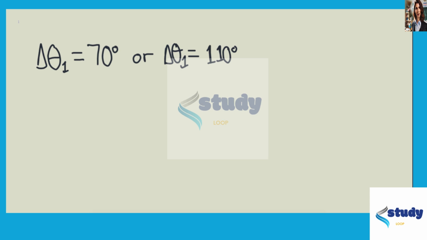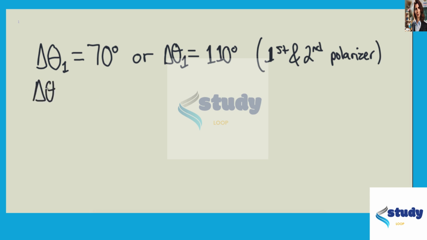But again, it doesn't matter for the final result because when we take the cosine squared of the angle, it's not going to matter. We'll get the same exact result. The angle difference between the second and the third, so this is between the first and second polarizer, we can say delta theta sub 2 here equals 40 degrees.